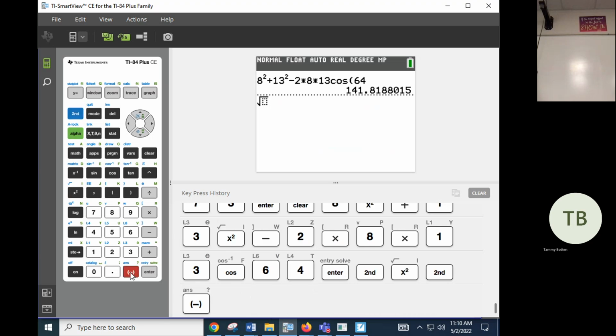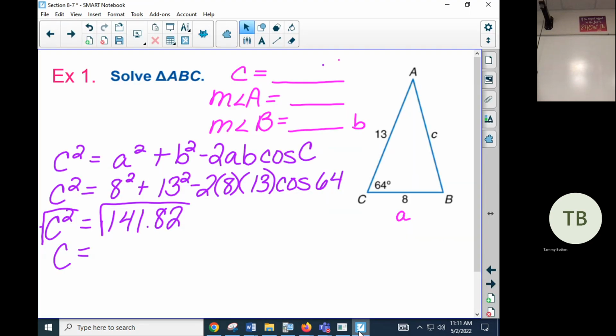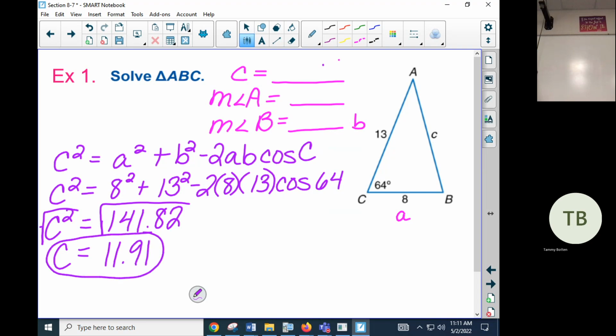That stands for answer. And what that did is it just pulled that down, and you're going to get the most accurate answer then. And then hit enter, and this is 11.91. That is our C. So back here, 11.91 is our C.